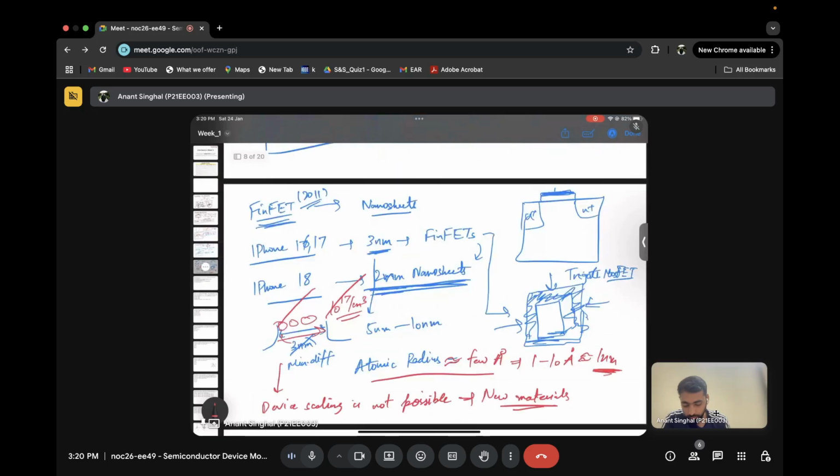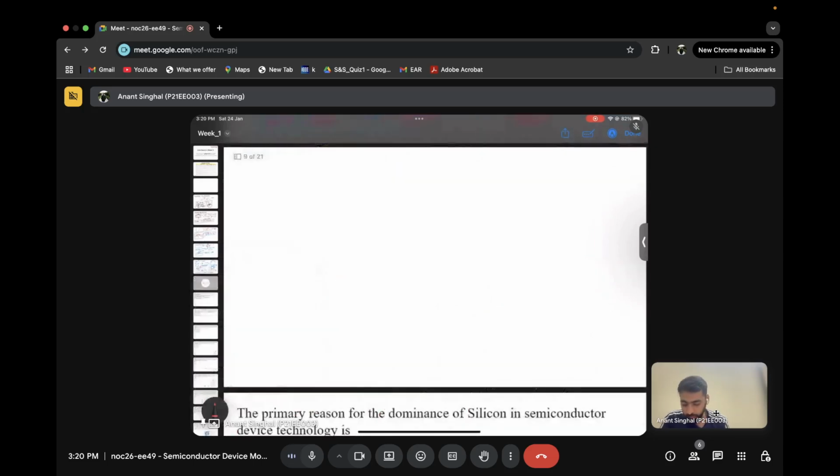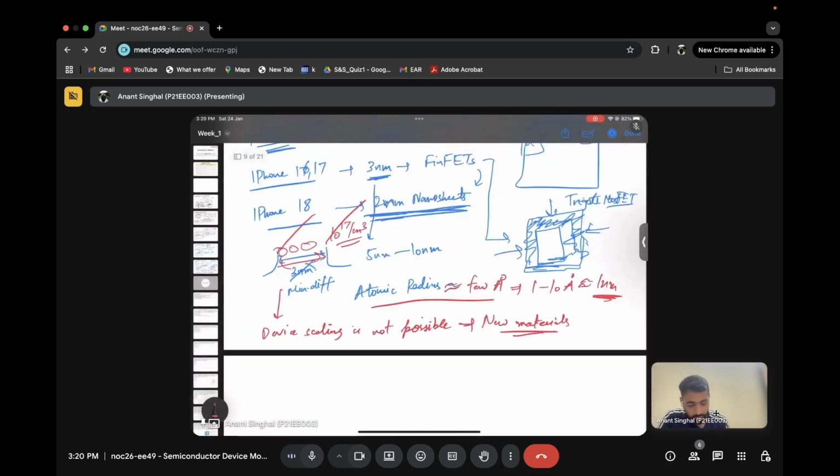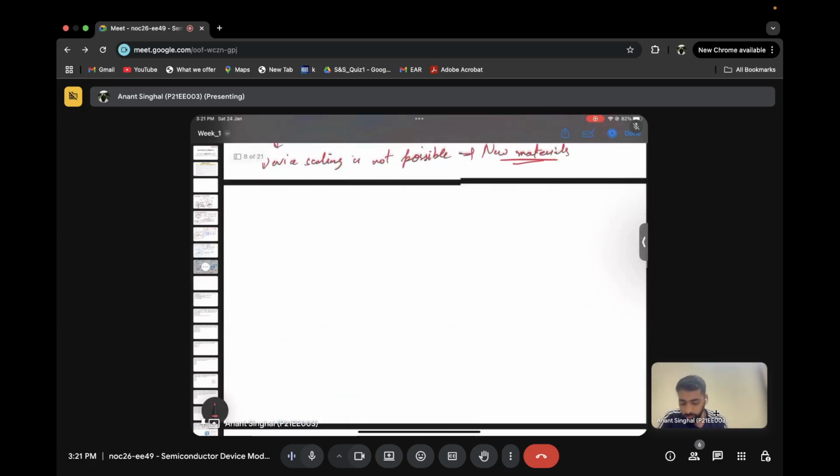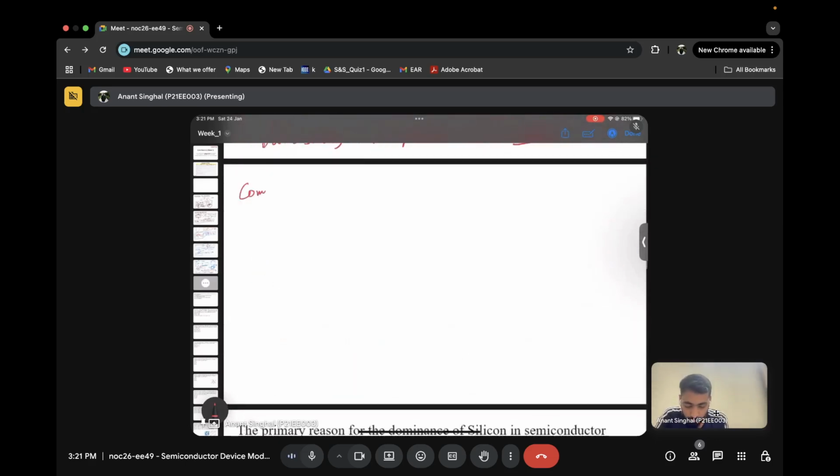Now, if I try to say in terms of modeling, this equation seems very simple. I think it has very few parameters, but in reality, if I include the short channel effect, that is what we call a compact model, right? So we have several industry standard compact models. By industry standard, I mean that the industry is using them to validate actual devices.